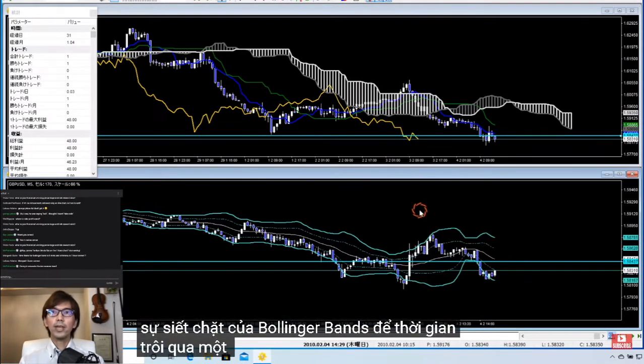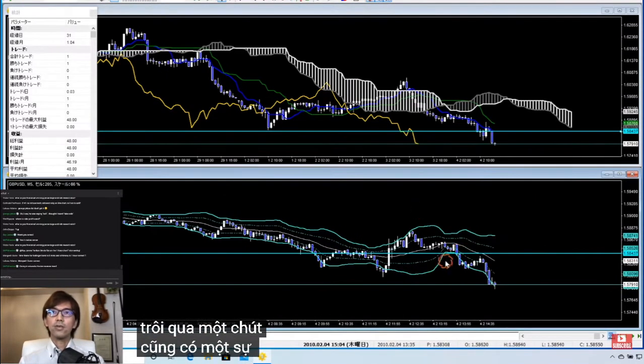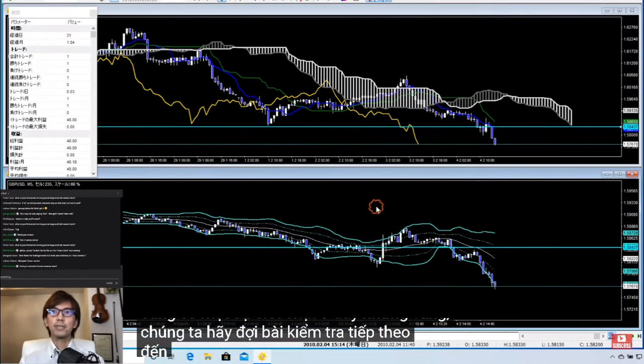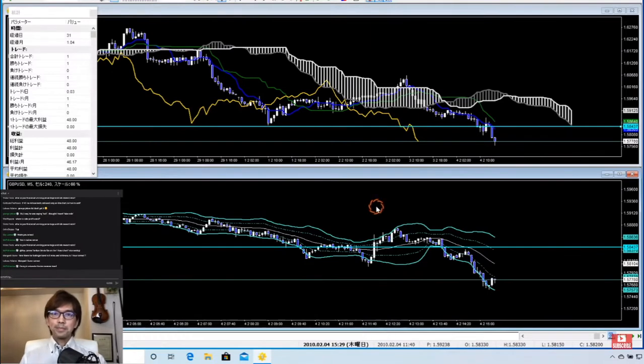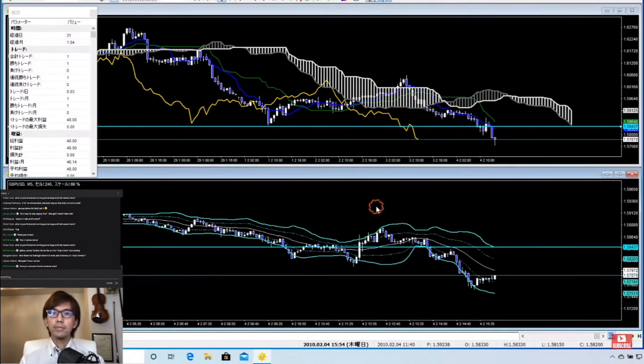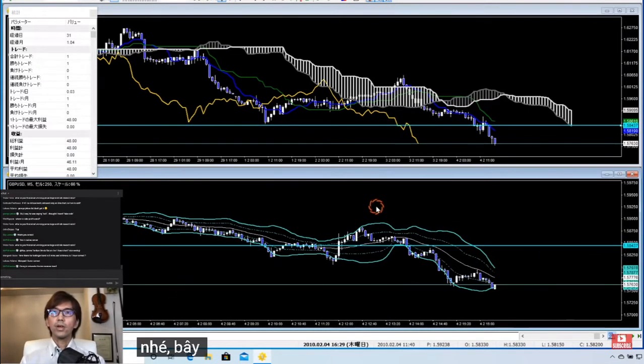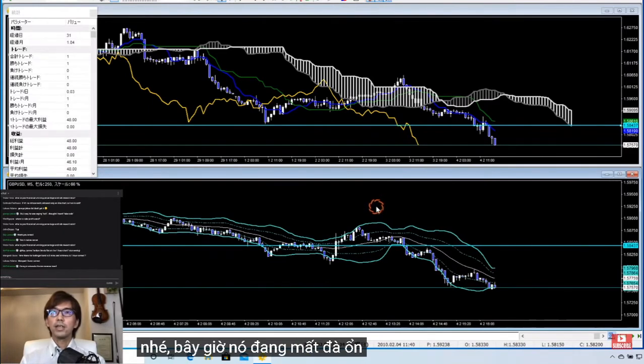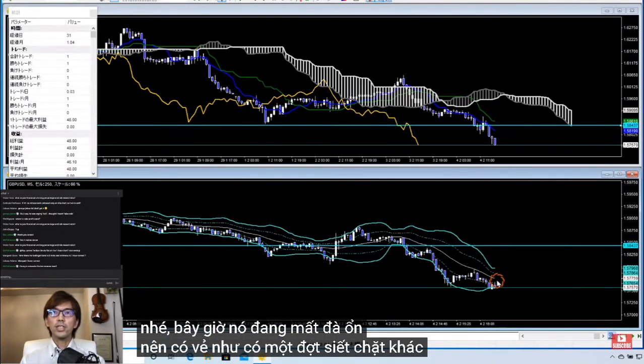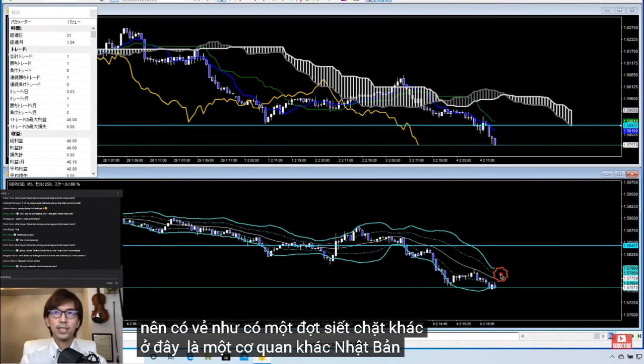Let the time go by a little bit. Also, there was a squeeze here, but let's just wait for the next squeeze to come. Okay, now it's losing its momentum. Looks like there's another squeeze here, right? There is another Bollinger Band squeeze.